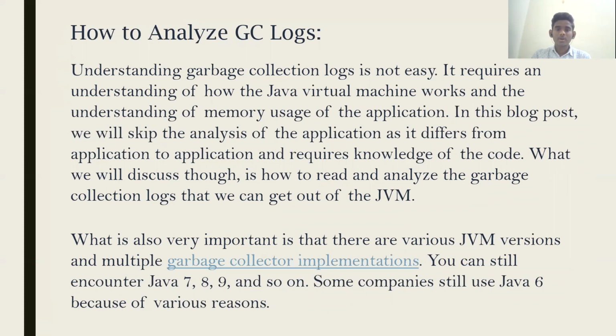What is also very important is that there are various JVM versions and multiple garbage collector implementations. You can still encounter Java 7, Java 8, and Java 9, and so on. Some companies still use Java 6 because of various reasons.